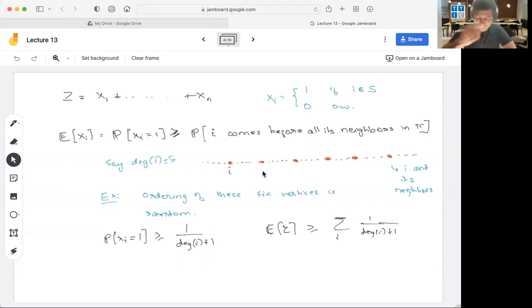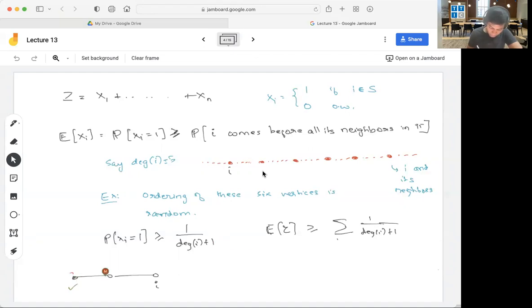One question: why is the probability that x_i equals 1 greater than or equal to the probability that I comes before all its neighbors, and not equal? Why is it not equal? Let's see. I was thinking of this particular case where, let's say this is I, and we pick this vertex, and so we will rule out all its neighbors.